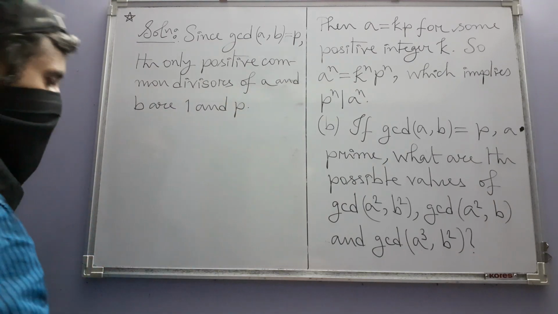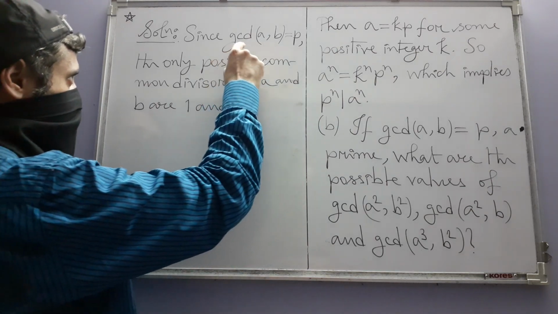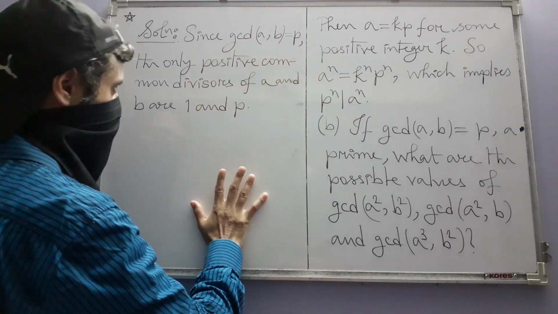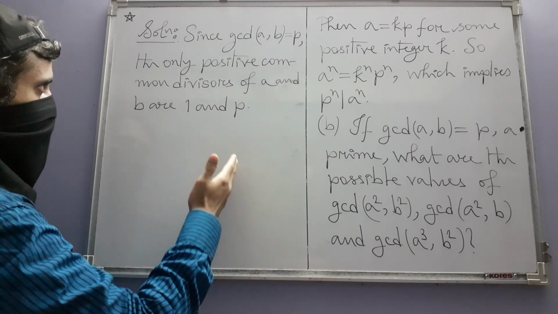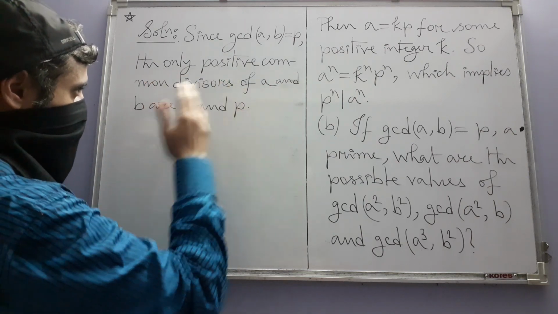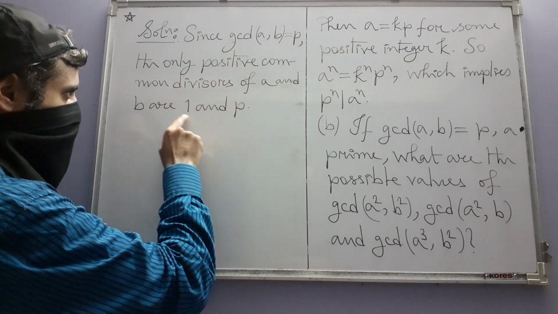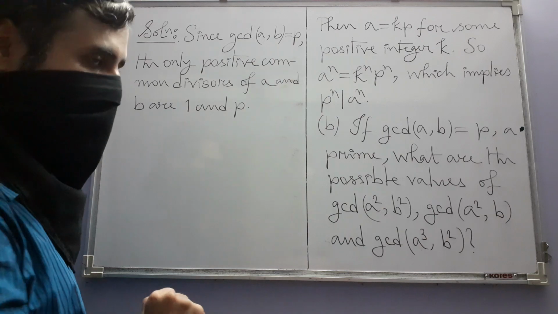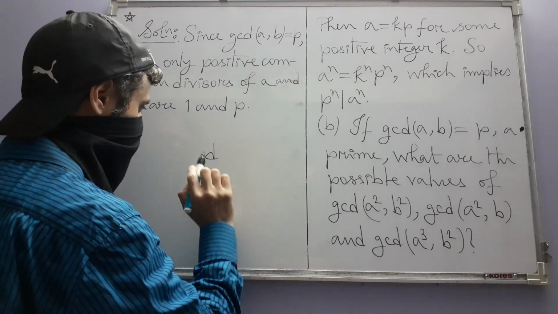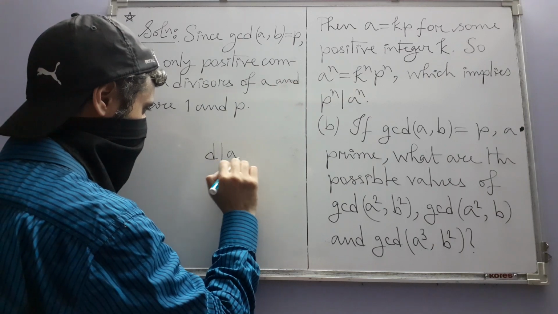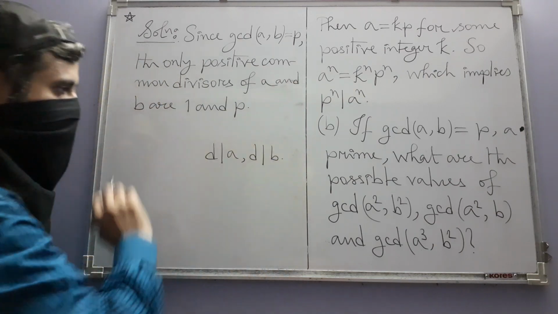Why though? How are we concluding this? It is given that the GCD of a and b is p. So then we are saying that the only positive common divisors of a and b are 1 and p. How are we getting this? Suppose d is any positive integer that is a common divisor of a and b.